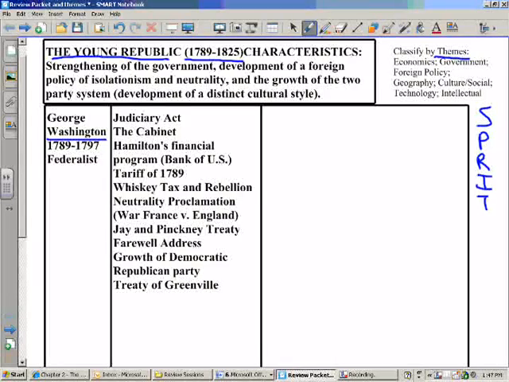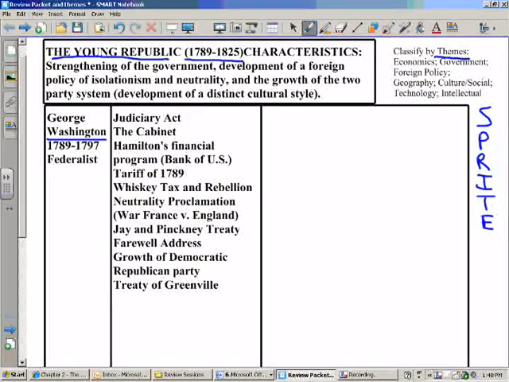Sometimes we remember these as Sprite, where the S stands as the social, the P is the political, R is the religious, I is the intellectual, T is the technology, and E is the economics. And this can help us to organize the terms and the events in a way that will help us also recall them.